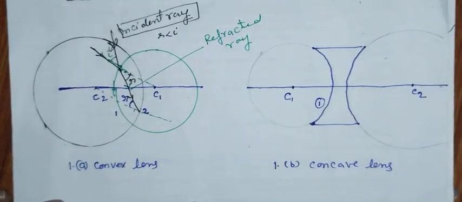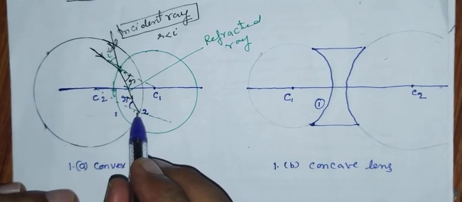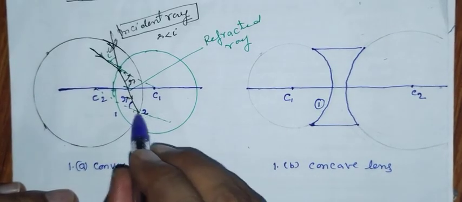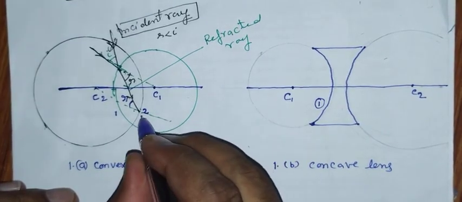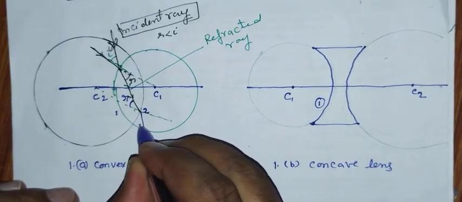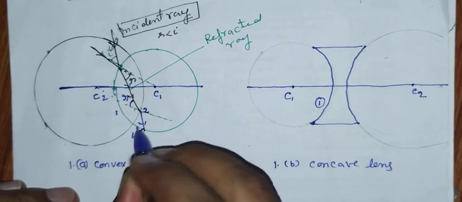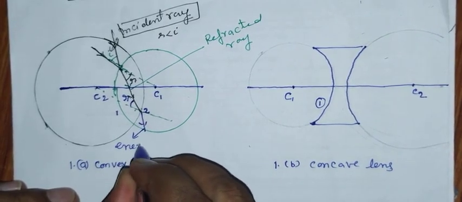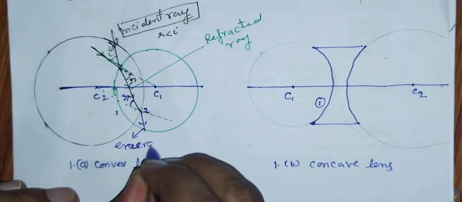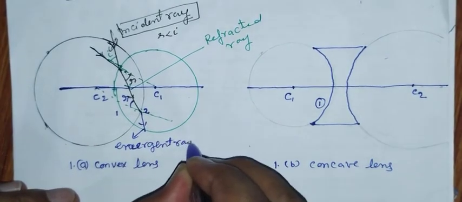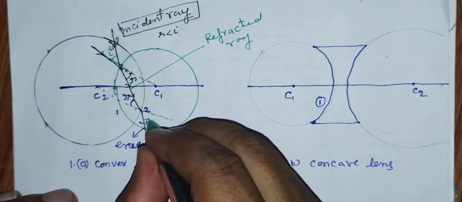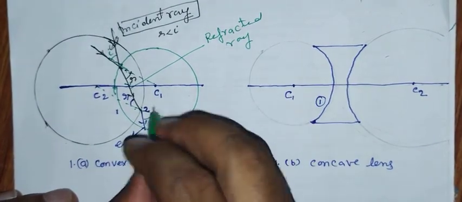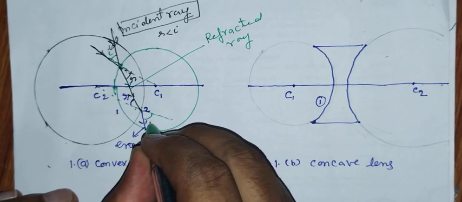Now, when it comes from glass to air, denser to rarer, it bends away from the normal in this direction. This is called the emergent ray. Again this angle becomes I.